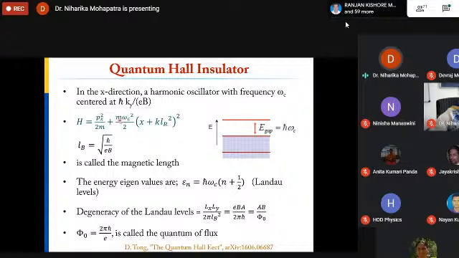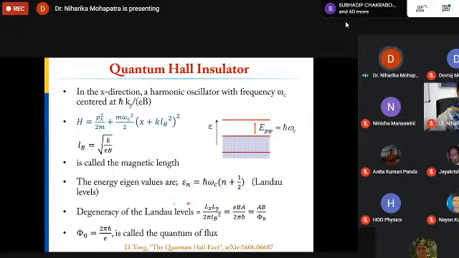You get m omega square by 2 times x minus x0 square, where x is the variable and the center of the harmonic oscillator is changing, so you have an additional k l_B square. This l_B is defined as root over h cut by eB, which is the magnetic length.